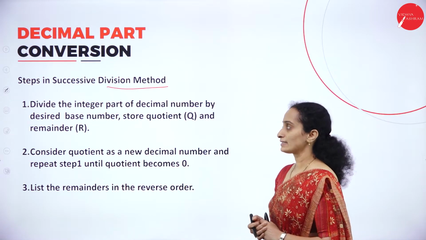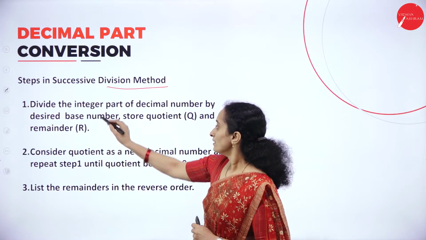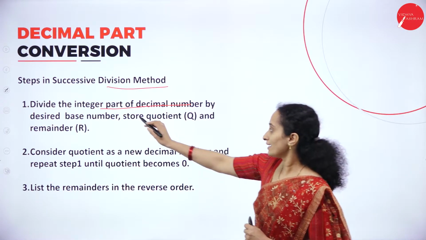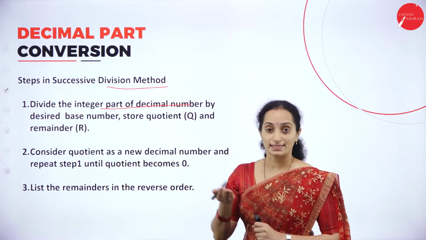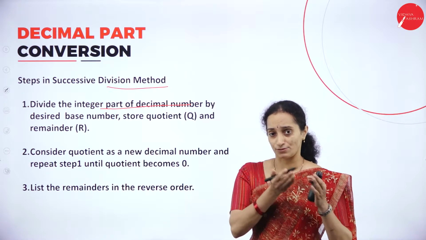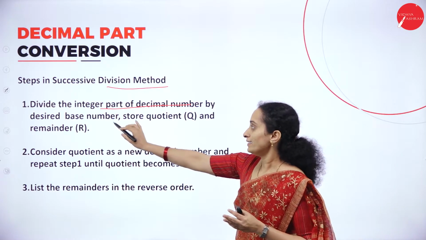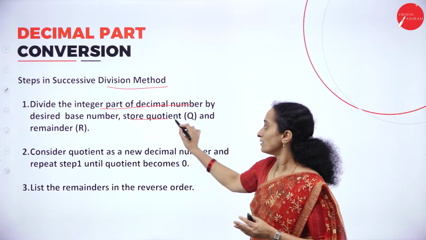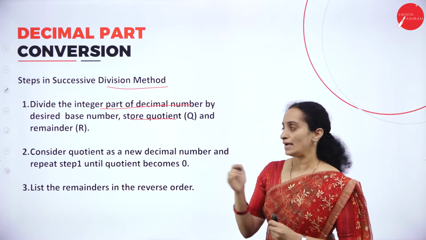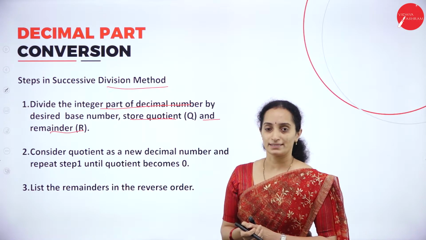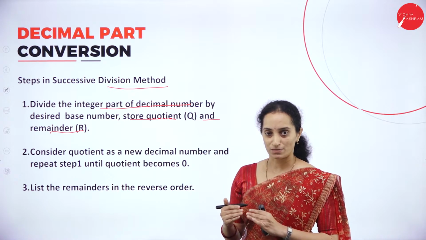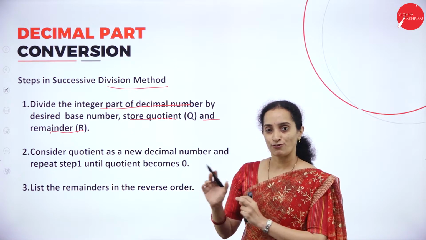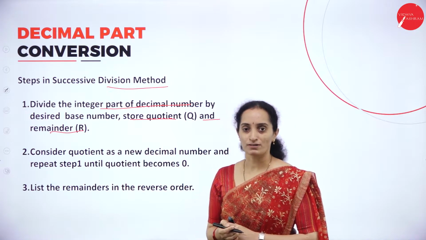We have to successively divide the integer part of the decimal number, or any number, by the desired base number. Whatever the base of that number system is, divide the integer part by that base number. Store the quotient and note down the remainder. The quotient must be stored for successive division and the remainder must be stored for the final representation of the conversion.